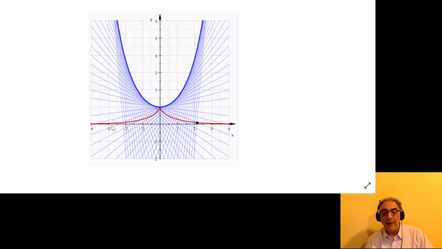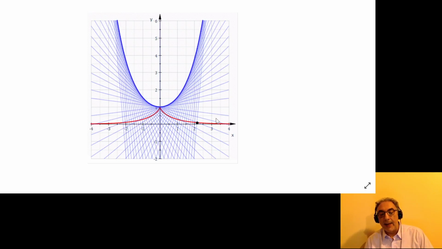And this curve is the tractrix. In this way, the hanging chain, the catenary, should always be considered together with its decoding geometric form, the form of the tractrix.